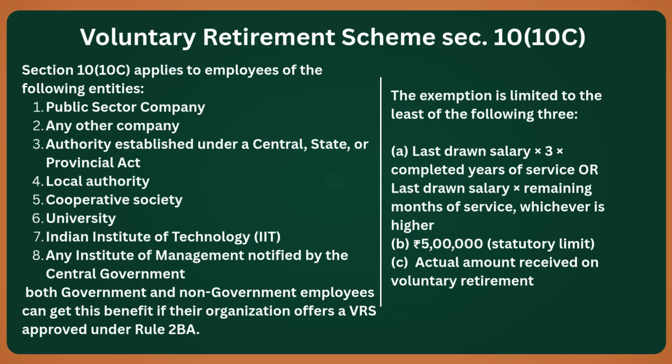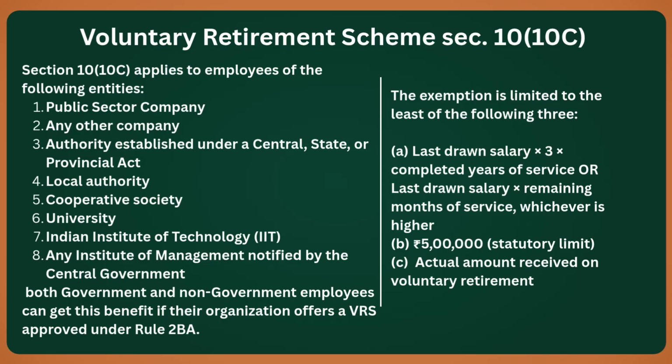Section 10(10C) provides tax exemption on voluntary retirement compensation, also called VRS. It applies to employees of public sector companies, private companies, local authorities, cooperative societies, universities, IITs, and certain management institutes. Both government and non-government employees can claim this benefit if their organization offers a VRS approved under Rule 2BA.